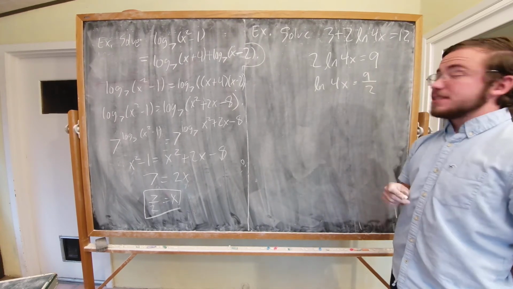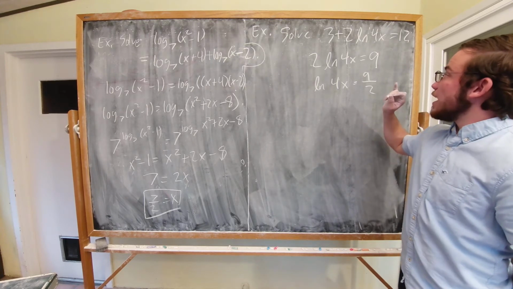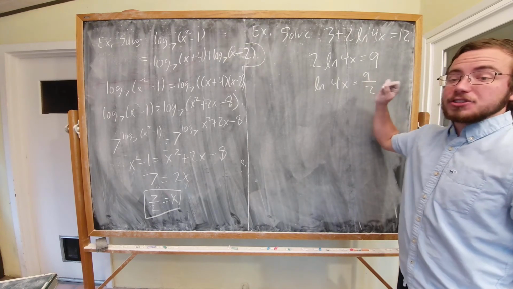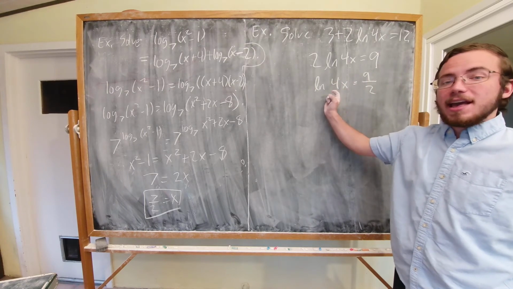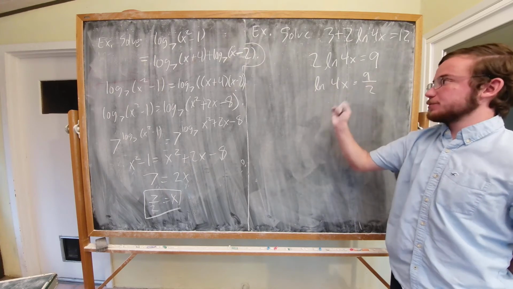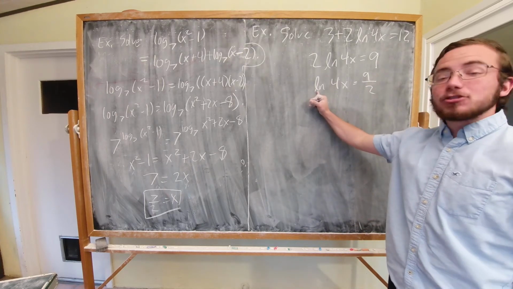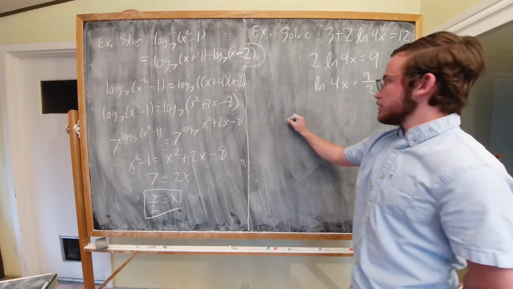Great. Because now, even if I don't have anything else, I have a logarithm function by itself. And I know how to deal with those. We undo logarithms with exponential functions. Here I'm working with the natural log, log base e, so we're going to choose the natural exponential function.